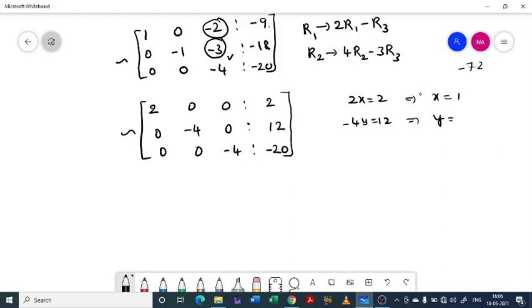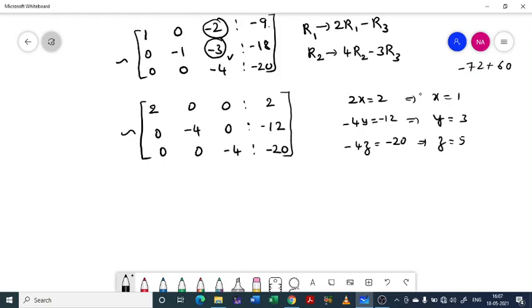Minus 72, minus into minus plus 60. So it is, sorry, minus 12 it is. Okay, this will be minus 12 and hence y will be 3. So finally minus 4z equal to minus 20, that implies z equal to 5.